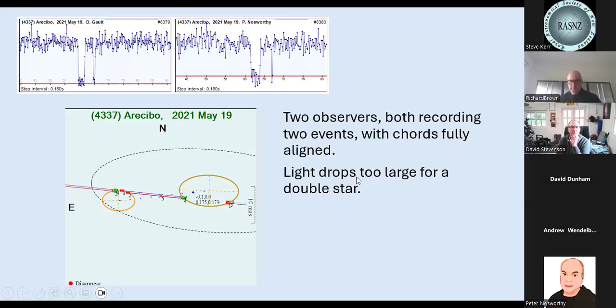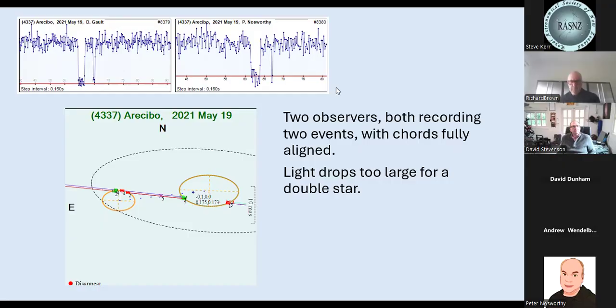Now, with that event, you could take that ellipse you fitted there and fit it to those events. It could be fitted to it, which means, just on those chords, the double star option is live.